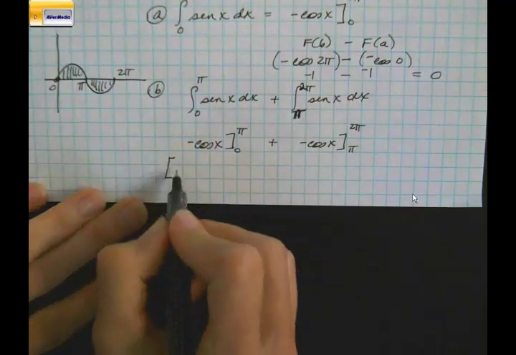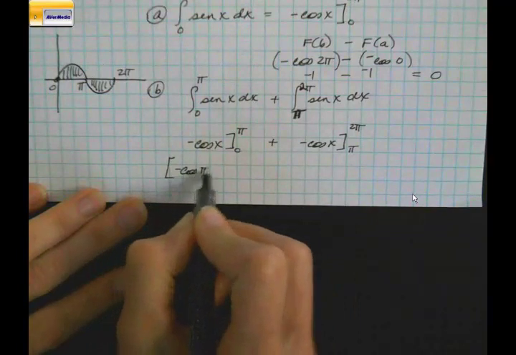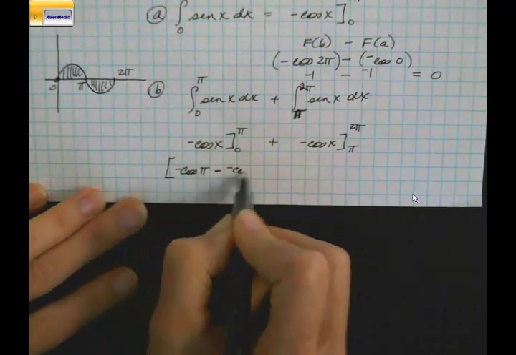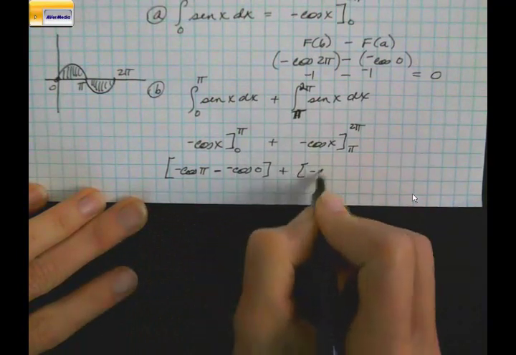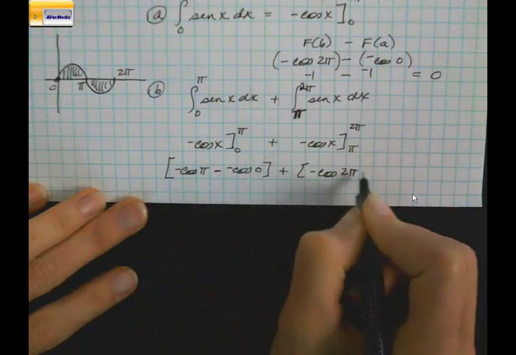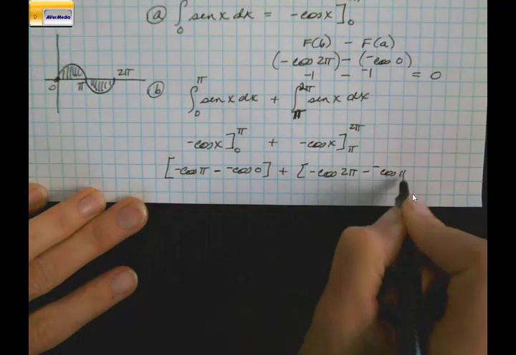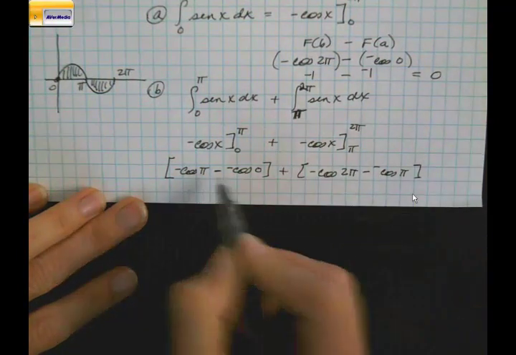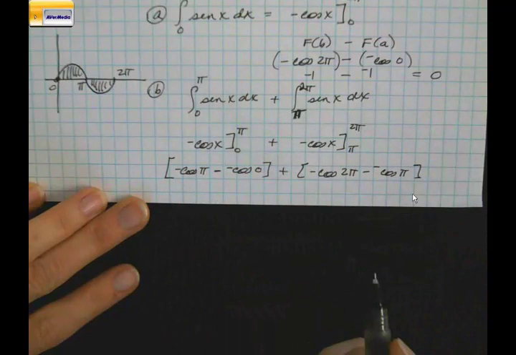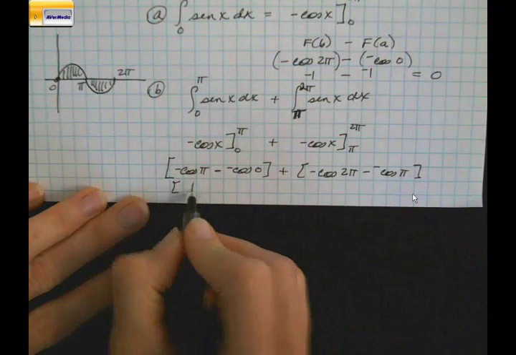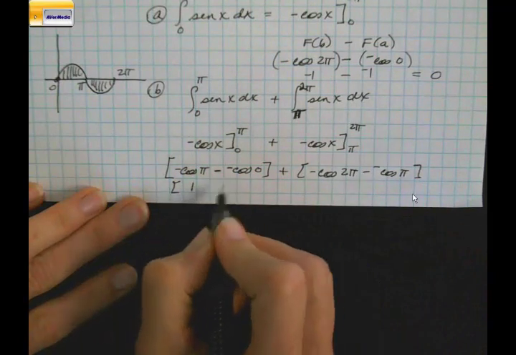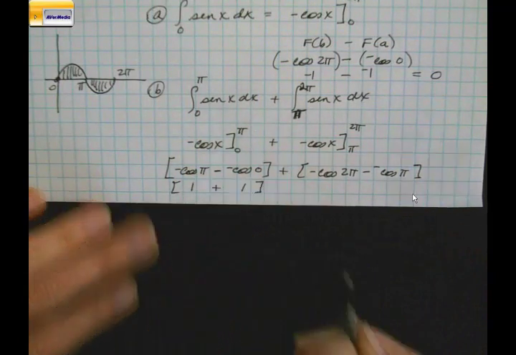So this would be negative cosine of pi minus a negative cosine of 0. This is going to be a negative cosine of 2 pi minus a negative cosine of pi. So this becomes cosine of pi is negative 1, so a negative of a negative 1 is a positive 1. Cosine of 0 is 1.